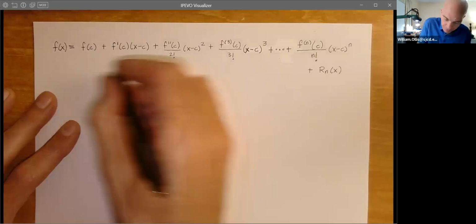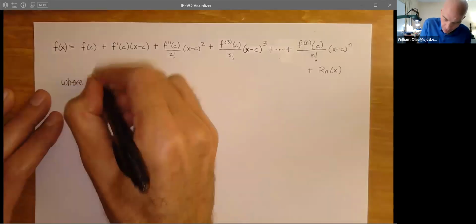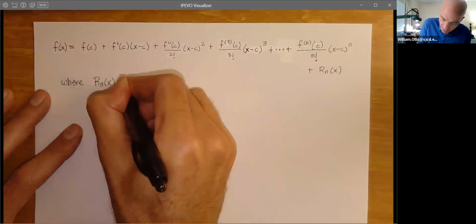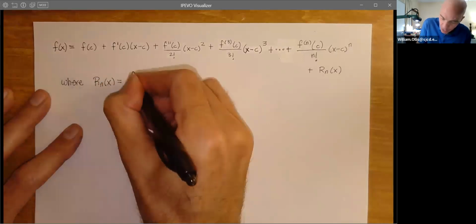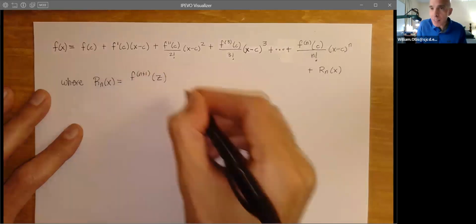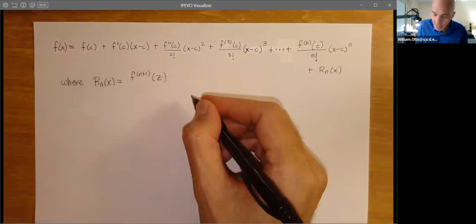where Rn of x equals the n plus first derivative evaluated at z. Remember where the z is between c and x for every x in the interval.